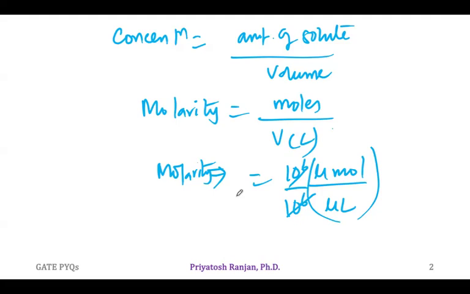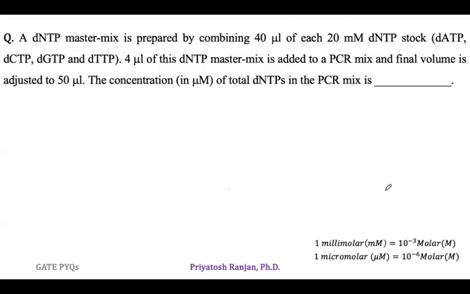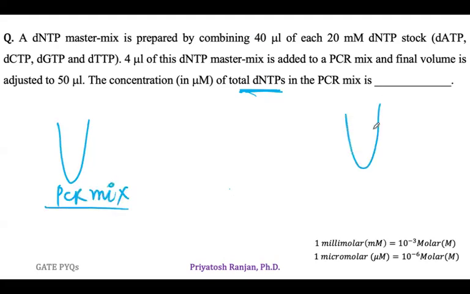Why have I converted into this form? Because there are many terms in this question which are in the form of micromole and microliter. So let's read this question once again and try to solve it. So we need to find out the concentration of the total dNTP in the PCR mix. As I have said just now, there are 2 tubes, PCR mix and dNTP master mix.